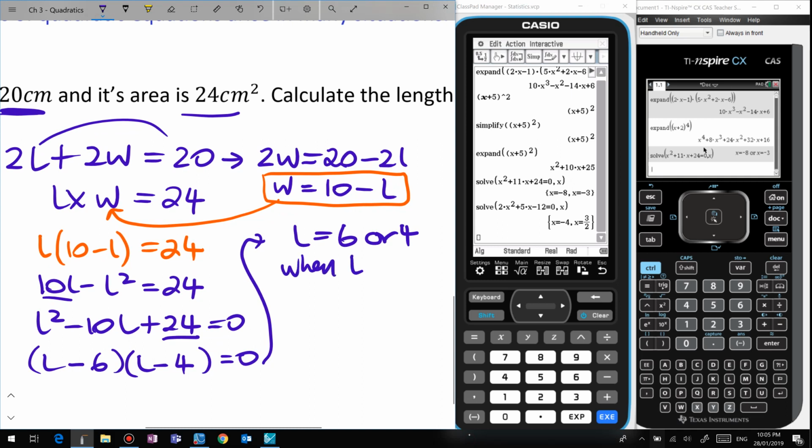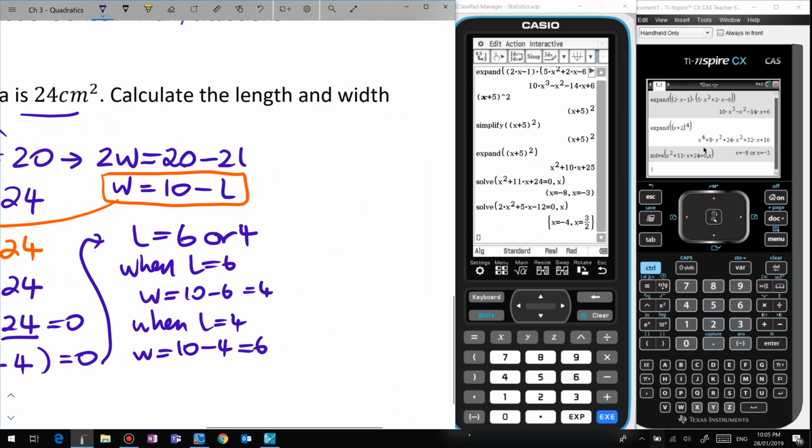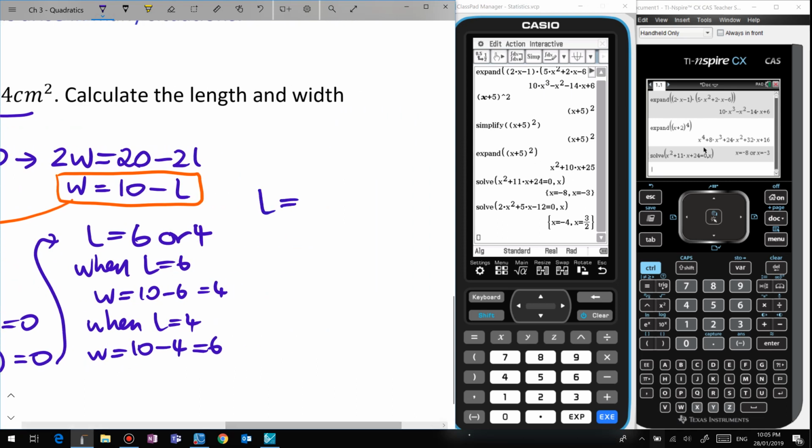When L equals 6, W equals 10 minus 6, which is 4. When L equals 4, W equals 10 minus 4, which is 6. So usually L is the longer one, so we'll say L equals 6 centimeters, W equals 4 centimeters.